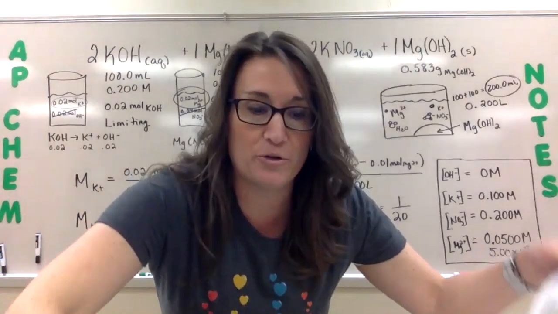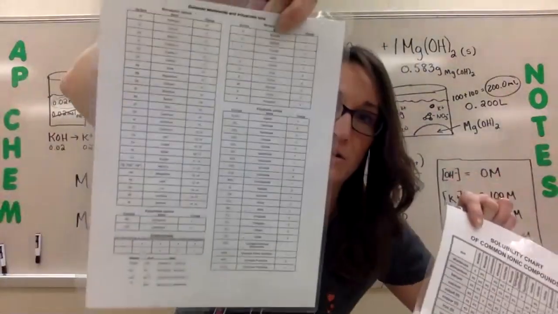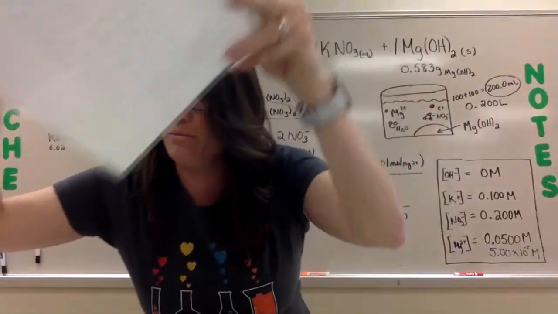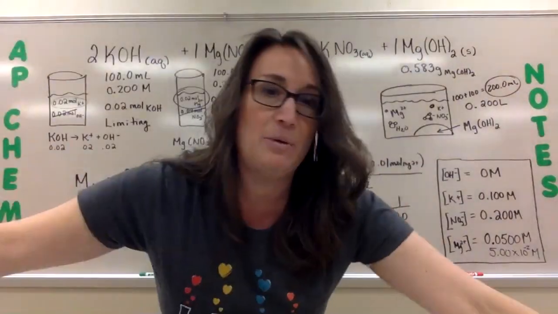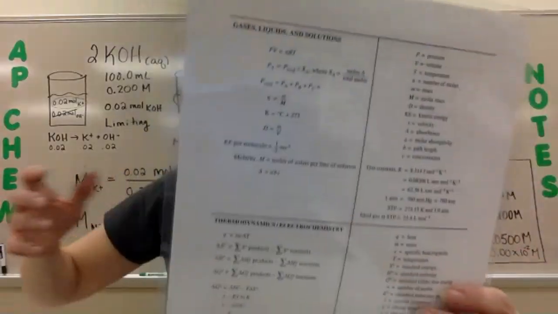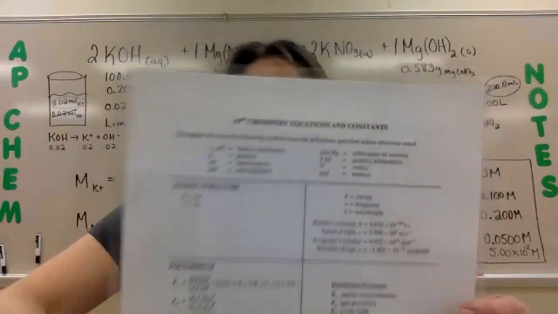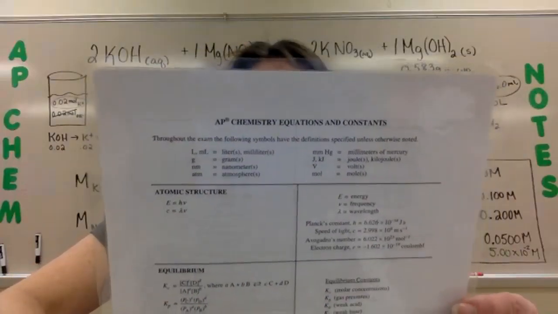Now, remind yourself before you leave this chapter, you do need to know your ions. You do need to know your solubility rules. Of course, you're going to use a periodic table to get all the molar masses. On the AP test, I'll be honest with you, what kind of equation is going to be helpful for this? I think they have the definitions, or maybe a molarity equation somewhere.